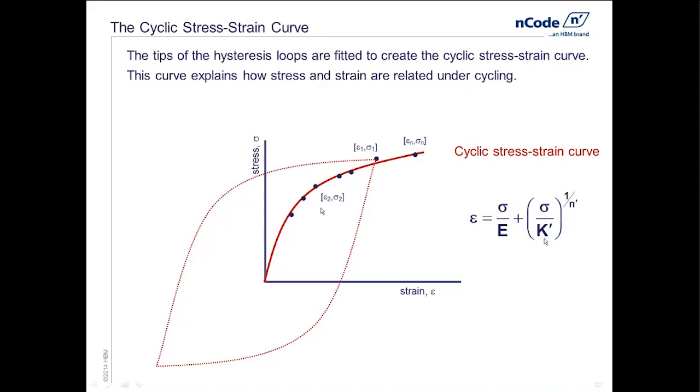So we basically are going to take these points, plot the plastic portion of the strains on a log-log curve, and just fit a straight line through this. And n prime is the slope of the curve, and k prime is the intercept at a strain of 1.